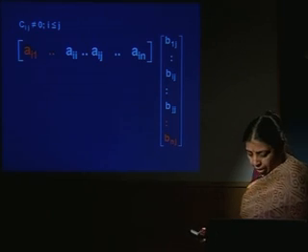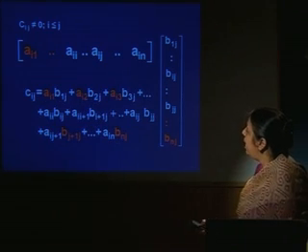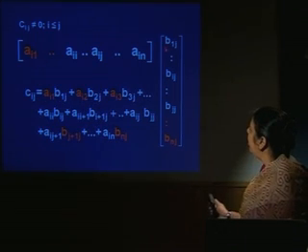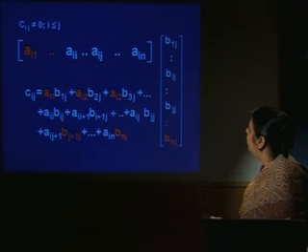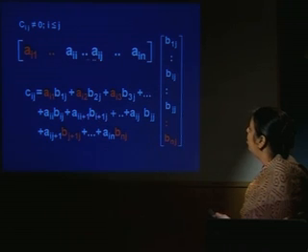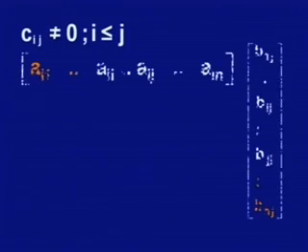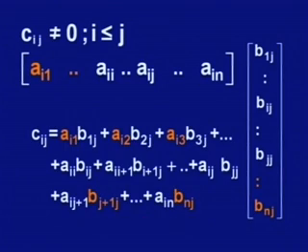So, these elements are non-zero. So, when you take the product Cij, Ai1 multiplied by B1j, it is 0 because Ai1 is 0, Ai2 multiplied by B2j, it is 0 because this is 0, Ai3 B3j is 0, but Aii Bij, this is not 0. Similarly, Ai,i+1 B(i+1)j is not 0, the next element is not 0, and up to Bjj all elements will be contributing, while after this these terms will be 0.